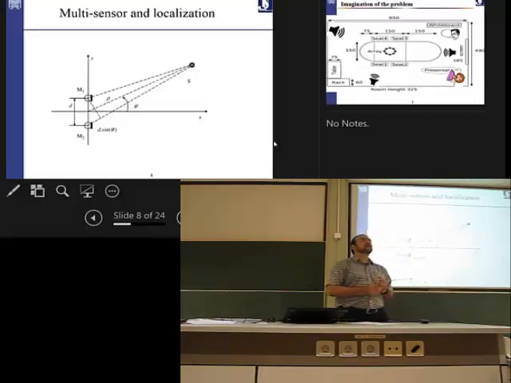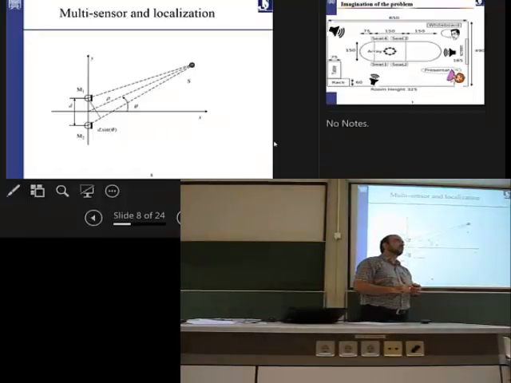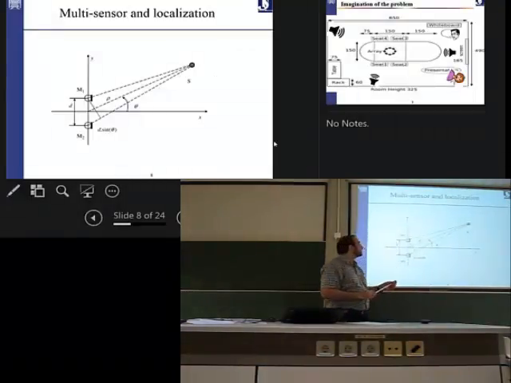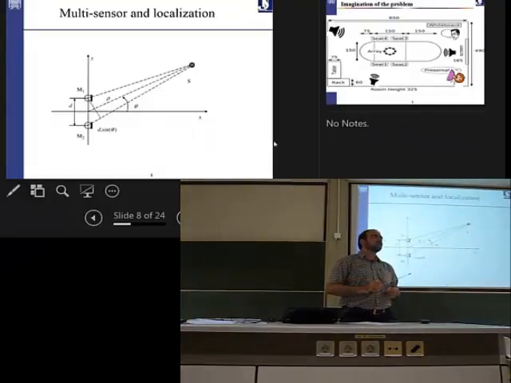Far field assumes that the source is far enough from the microphone array, from the sensors, such that the wavefront is coming parallel to the array. When it's near field, the wave comes to the array in a radial form, because the source is at a close distance to the microphones.